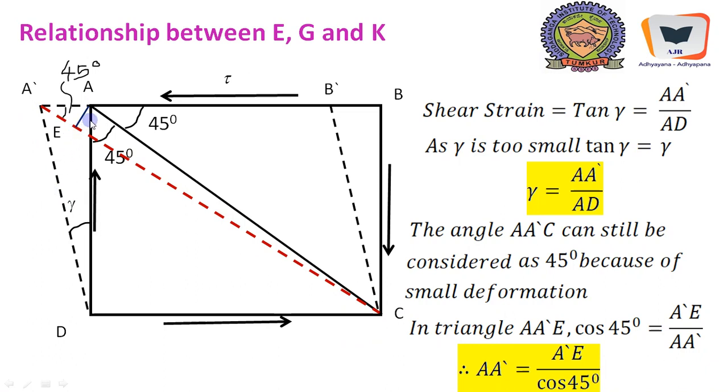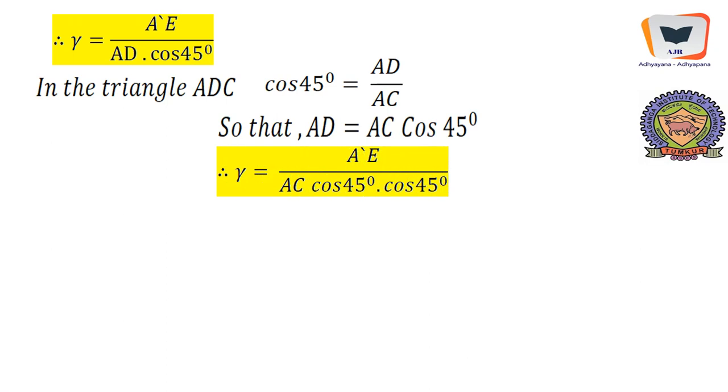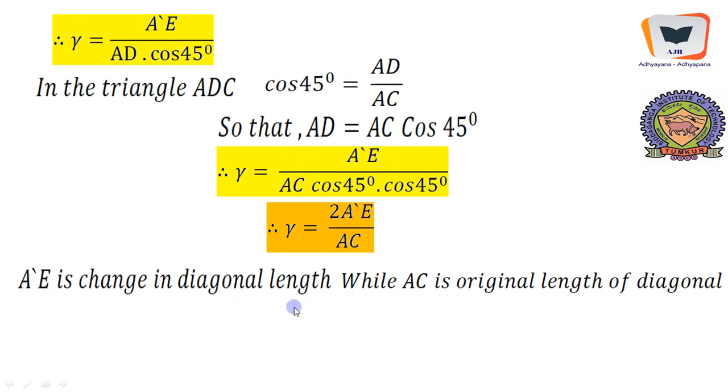After assuming this AC equal to EC, for the simple reason that AA dash is too small, we are also arguing that A dash E is the elongated length of the diagonal, that is, the change in length of the diagonal. Yeah, A dash E, and it is 2 A dash E by AC. A dash E is the change in diagonal length, while AC is the original length of the diagonal.